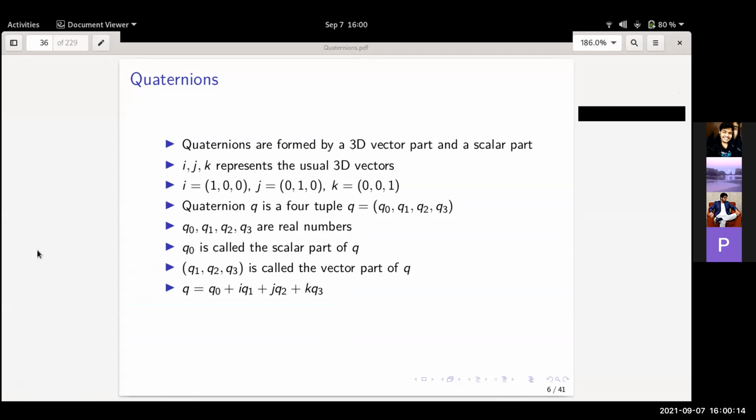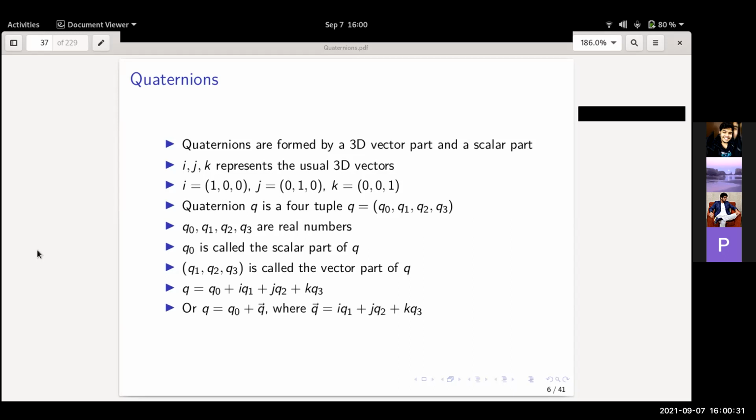Okay, so let us come back to quaternions. Quaternions are a set of 4-tuples: Q0 plus iQ1 plus jQ2 plus kQ3. i, j, k behave in a special way: i squared, j squared, k squared are -1, and ijk is also -1.